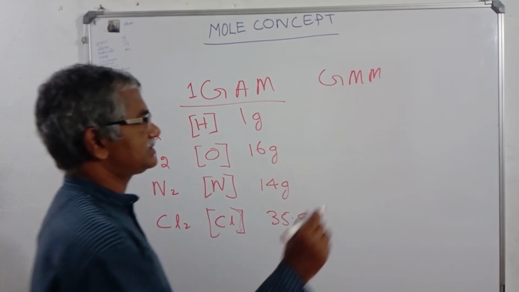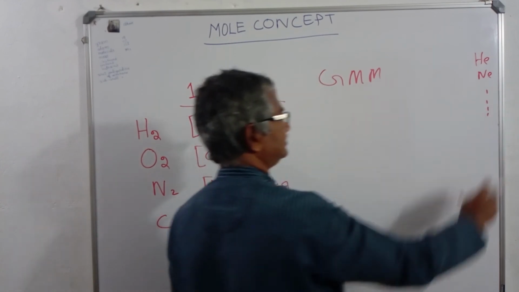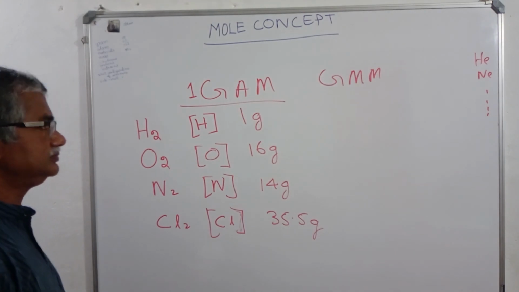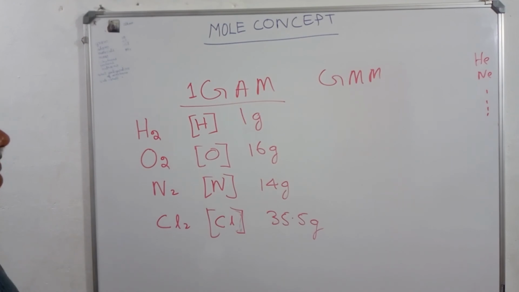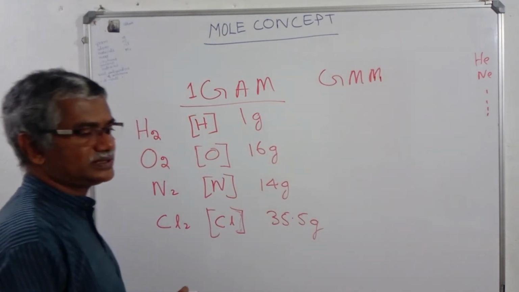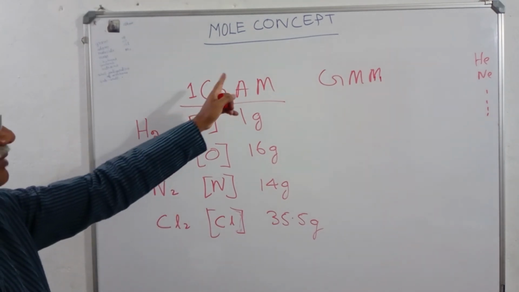But in case of inert gas, helium, neon, etc., those are on the last side of the periodic table. They are monoatomic and they are not engaged in chemical reaction. So there is no confusion about GAM and GMM. But you know, liquids and solids are monoatomic. They have only gram atomic mass.